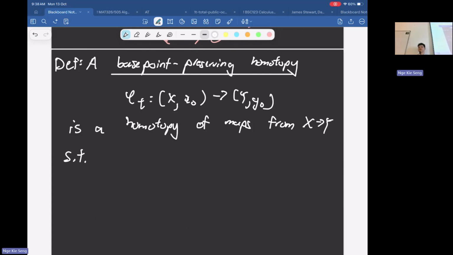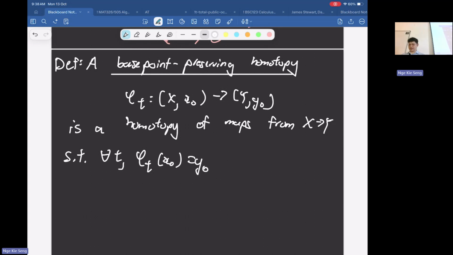What's the relationship between X naught and Y naught? Can they be different? Okay, they are different, but there should be some link here. We cannot simply fix that point. So what do we mean by fixing that point? Actually we require for all time, our homotopy must send X naught to Y naught.